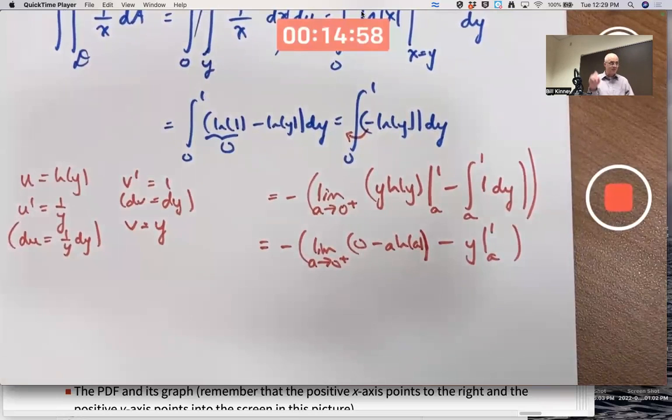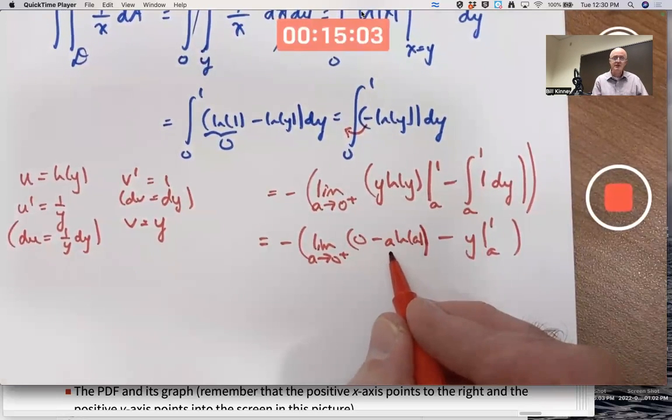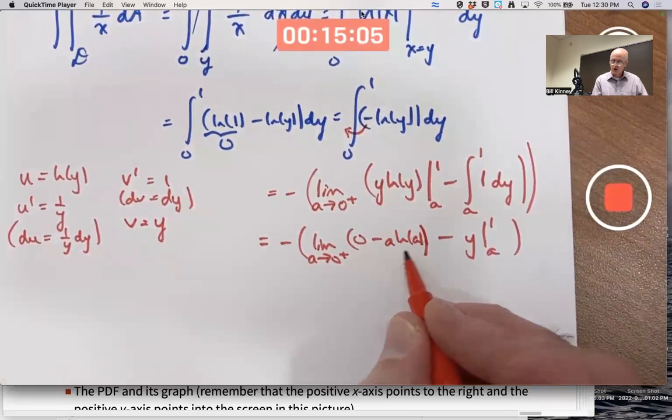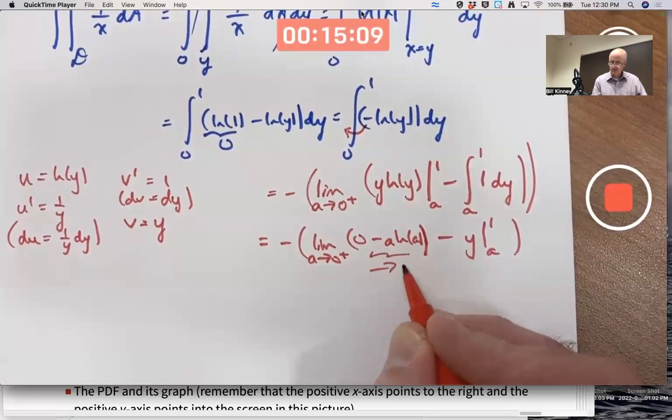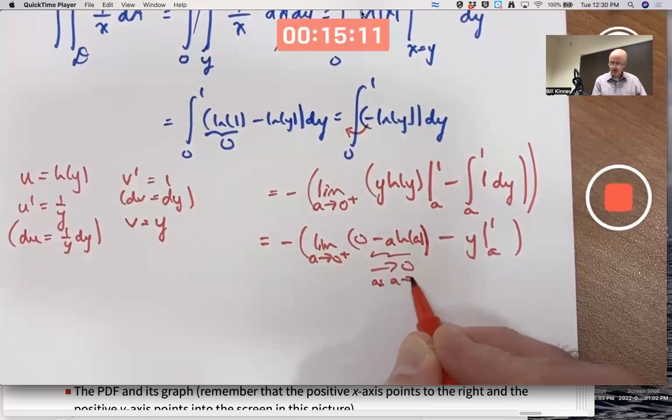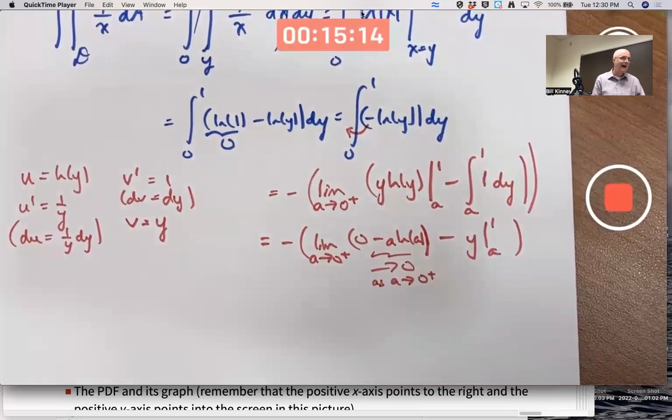You know that. Graph of natural log goes down forever and ever. However, if we multiply it by a, which goes to 0 as a goes to 0, it turns out this product goes to 0. This goes to 0. And you can check that with your calculator. You could graph x times natural log of x near x equals 0 and see it goes to 0.